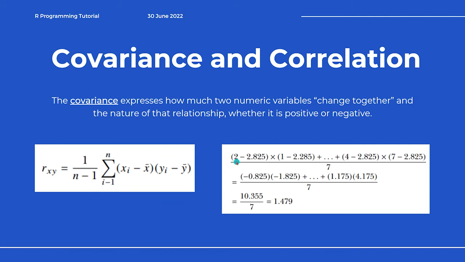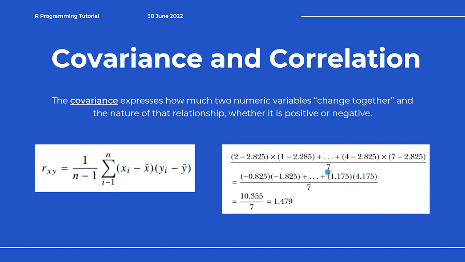get the difference between the values from the x data minus the mean, times the values from the y data minus the mean, and divide it by n minus 1, where n is the number of values in each of the data sets.